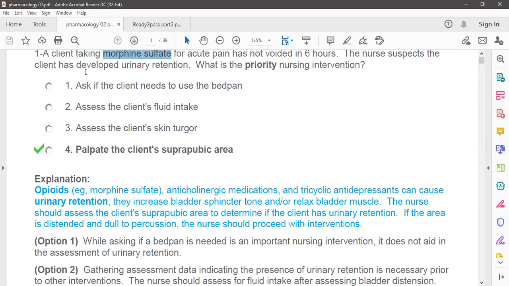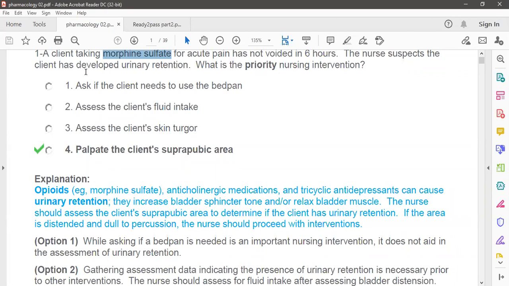The healthcare provider prescribes the medication, but we are there with the patient to observe any kind of sign and symptom. There are some medications in pharmacology that tend to develop side effects like urinary retention.